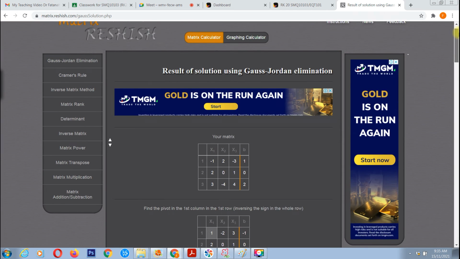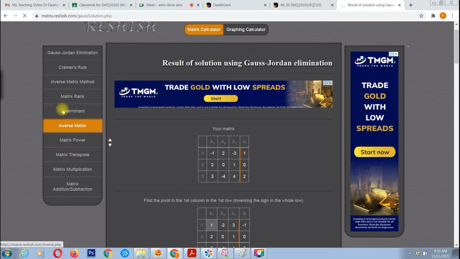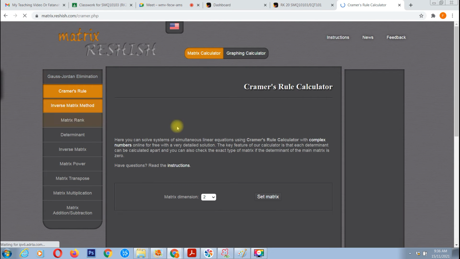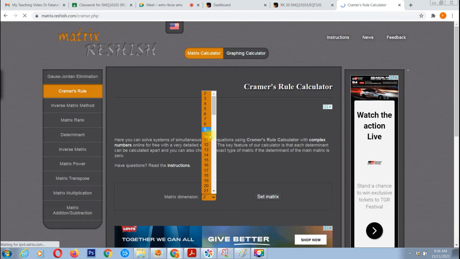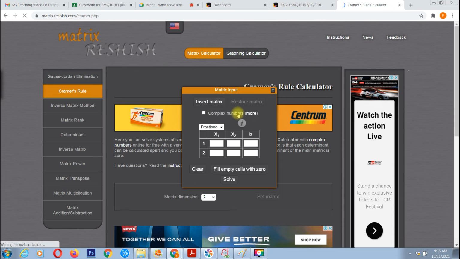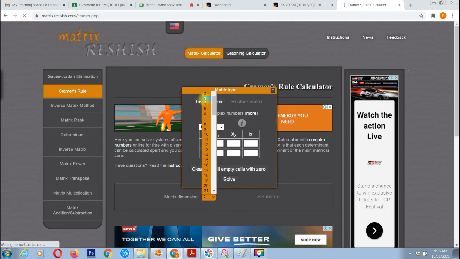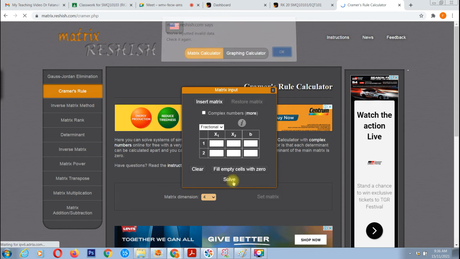Or by using the determinant, Cramer's rule, you just put, by using Cramer's rule, find the matrices, set a matrix. Maybe you can put 3 or 4, I'm not sure.